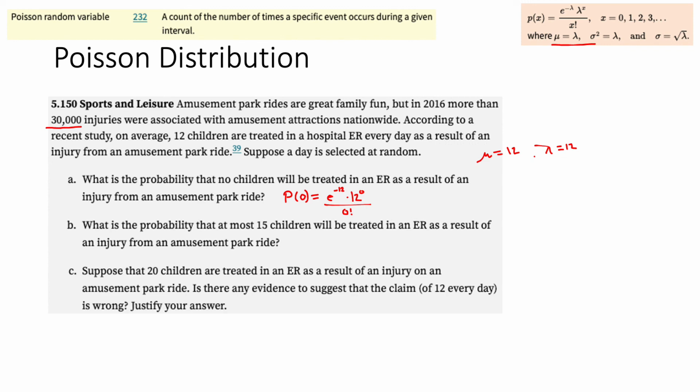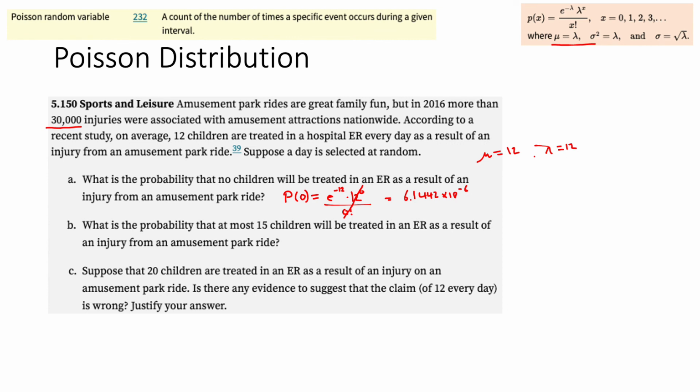Now, 12 to the power of 0 and 0 factorial are both 1, so we can really just cross those out, and we get this value. A very small value. If on average 12 children are treated every day, it's pretty rare to go a day without treating a child as a result of an amusement park ride, which is unfortunate.